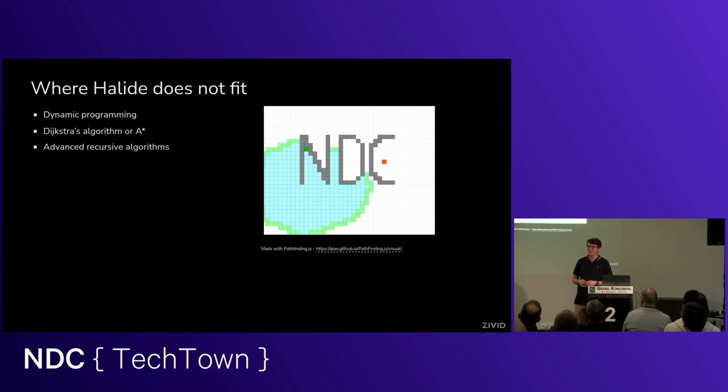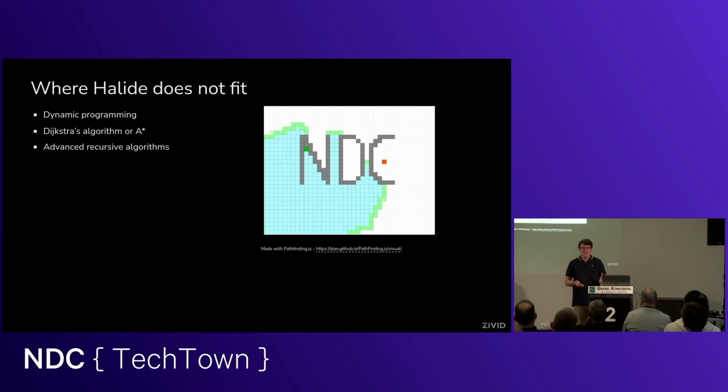And unfortunately, we got burnt by this pretty far into the project because we had one of our filters which was using a dynamic programming technique, and yeah, that just didn't fit, even though we tried really hard for a long time. And that's where I recommend people like myself to sometimes just look outside the box and not try so hard to get the square peg into the round hole.